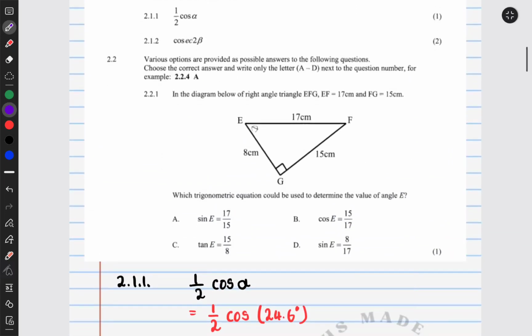And then next, for question 2.2, what do we have here? Various options are provided as possible answers to the following. Choose the correct answer and write only the letter A to D next to the question.